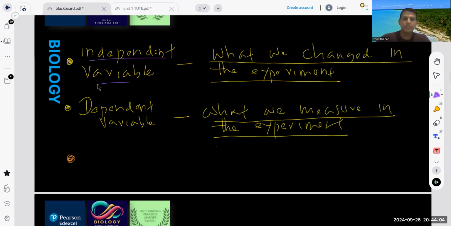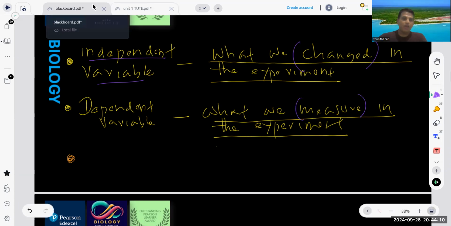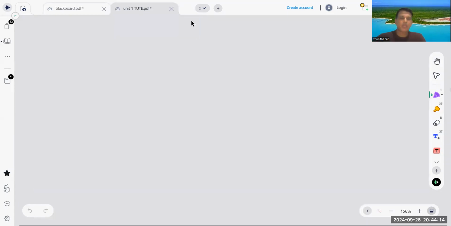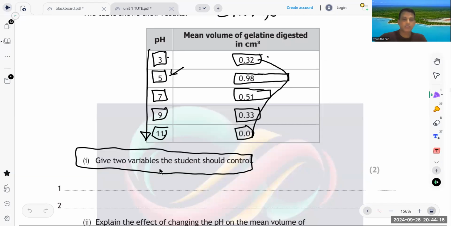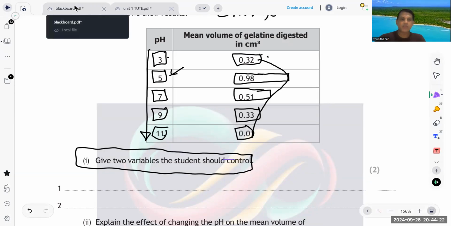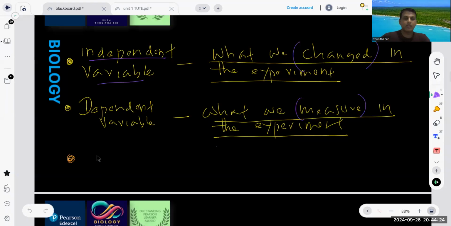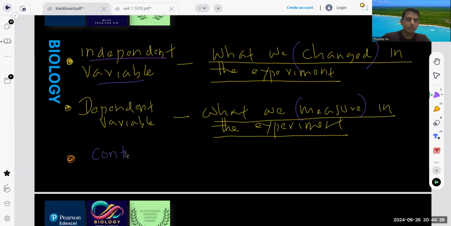Independent variable is what we change. Dependent variable is what we measure. And you can see in this question, control variable: a variable that should be controlled. So there's another one, control variable.